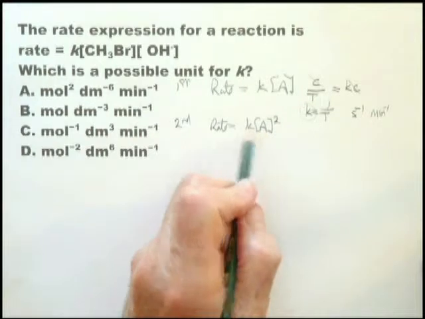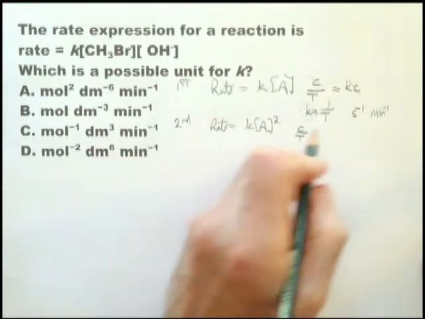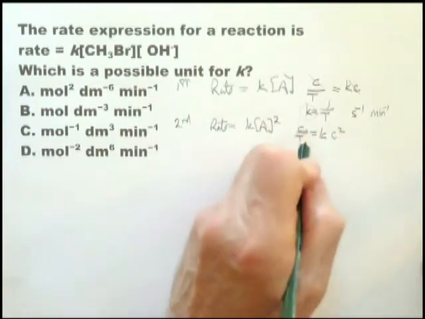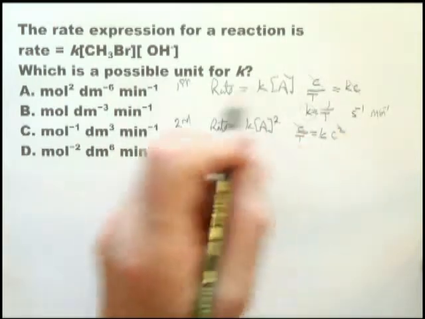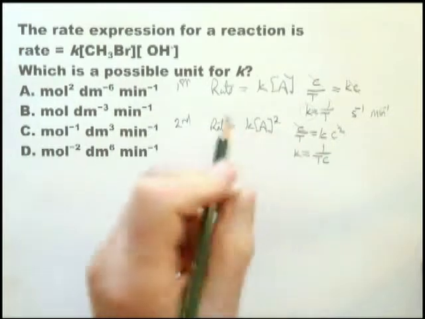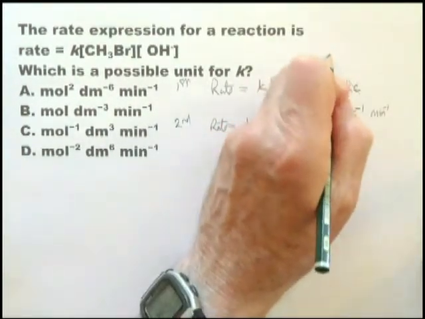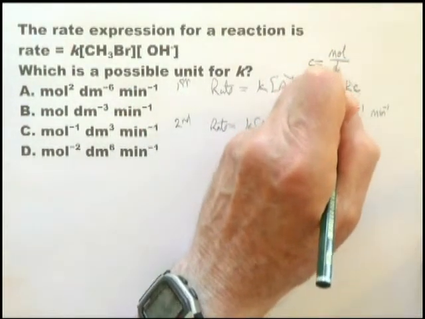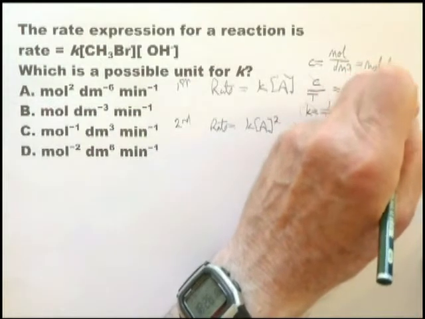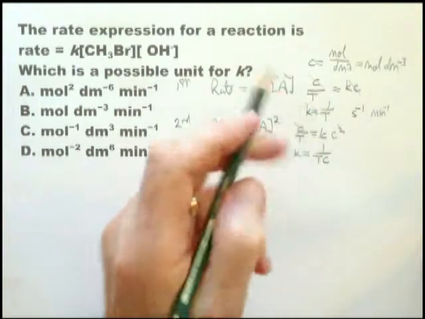It doesn't really matter. So the rate is still C over T, and that equals k times the concentration squared. One of those C's disappears, and we get k equals 1 over Tc. Now I will put in the C. There are two ways of writing it, moles over dm3 or mole dm minus 3, whichever is easier for you in these kinds of calculations.